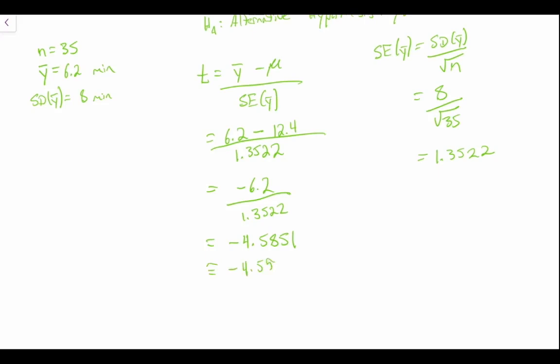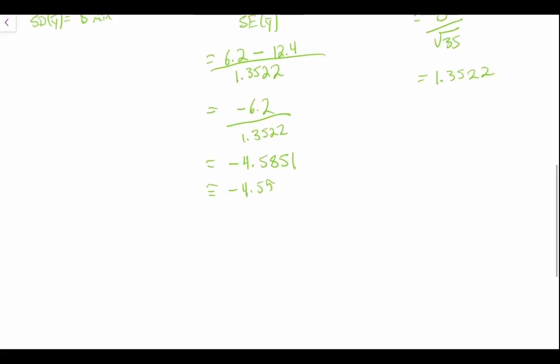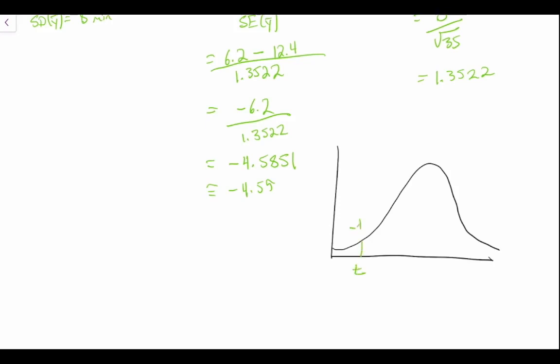Now, let's remember what our t-distribution looks like. Our t-distribution looks very similar to our normal distribution, the biggest difference being that we have a little bit more room in our tails. That's down here. So we got a t-score of negative 4.59, and we want to know if there is a level of statistical significance.